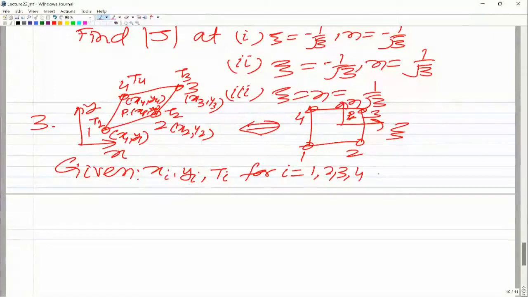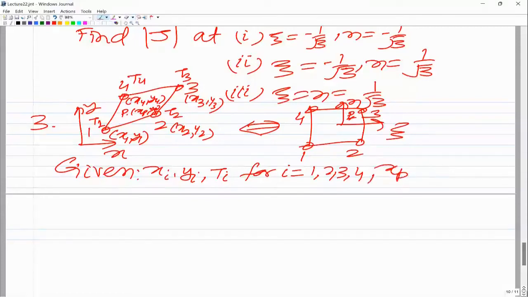So xi, yi, Ti are given, that is all the xy coordinates of all the nodes. So the temperature values or the displacement values are given for all the nodes. You are also given the physical coordinates of a point inside the element, xp and yp.